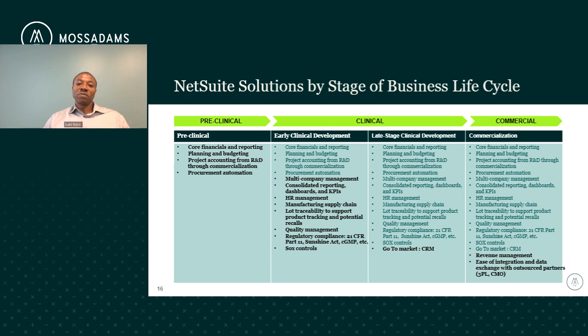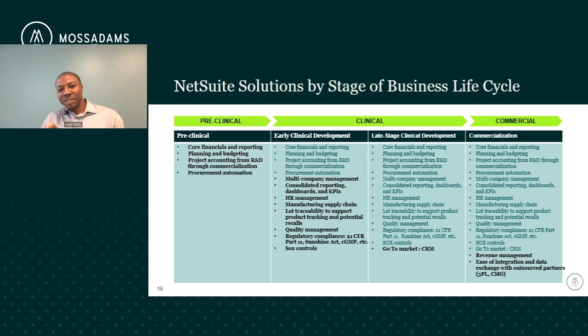Companies in the preclinical phase also need core financial and reporting capabilities. They need planning and budgeting solutions. And they need an efficient way to manage operation costs by project, from R&D all the way through commercialization stage. And all of these features are available in NetSuite's base module.